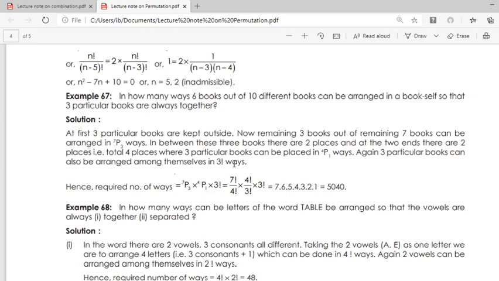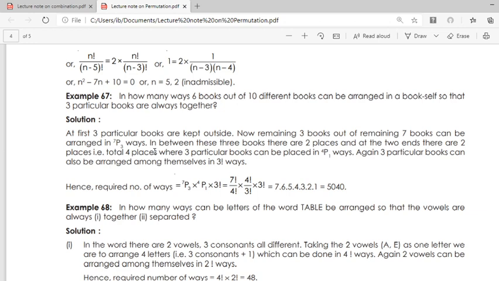Now in between, you are left with 2 places and 2 ends. So that's how you have 4 places where the 3 particular books can be placed.